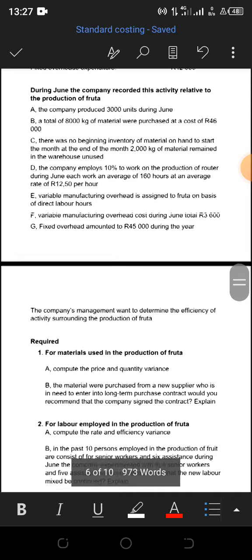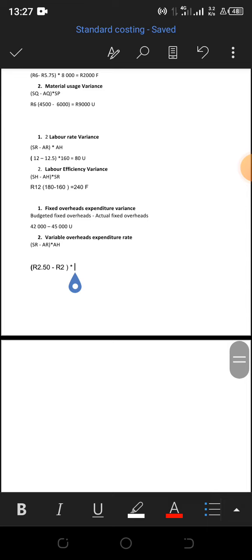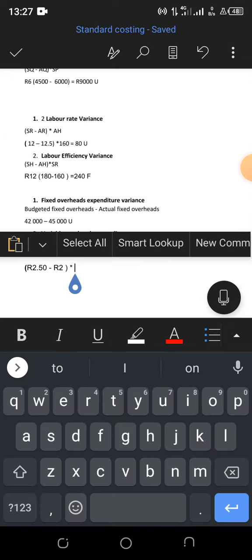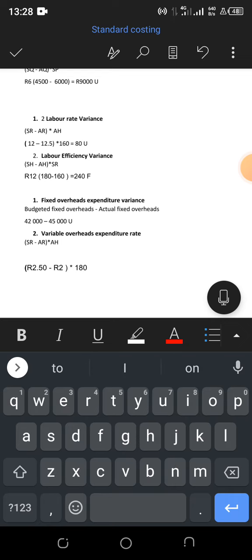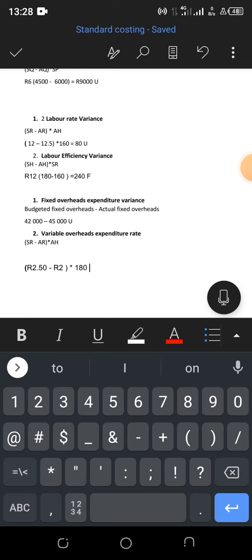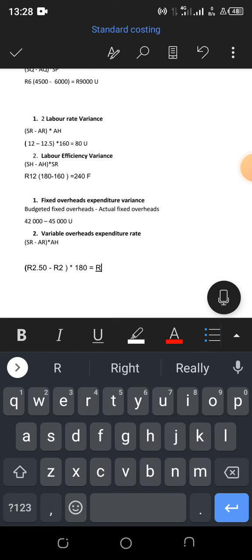Then you get 180 actual hours. After that, we say 2 rand 50 minus 2 rand, which gives you 0.50 cent, multiplied by 180. Then you will get a variable overhead expenditure of 90 rand.